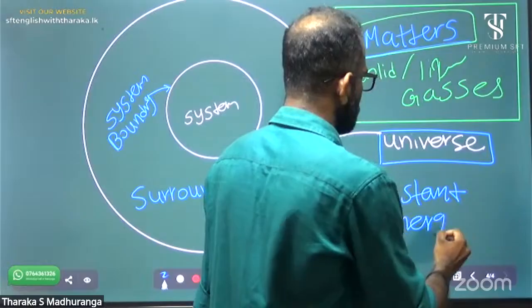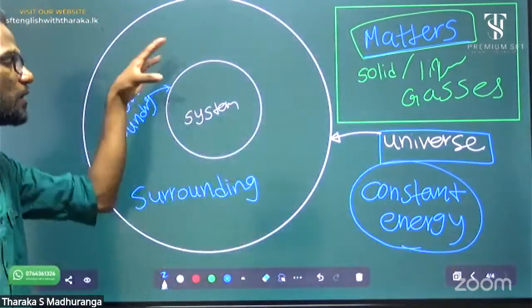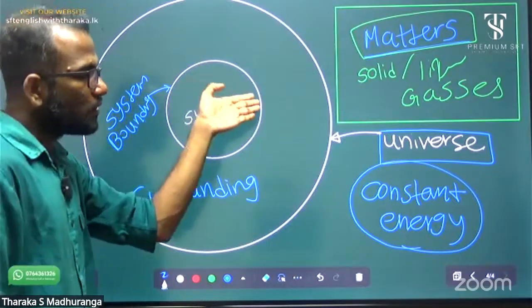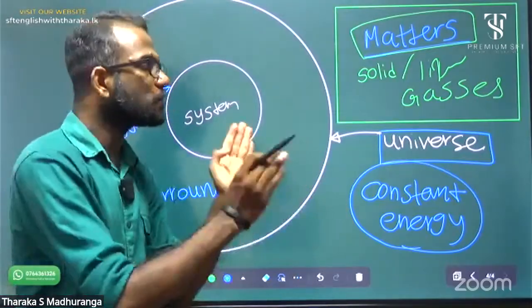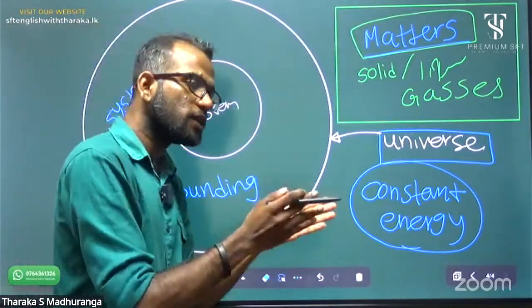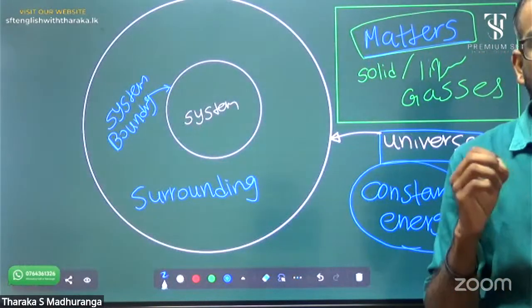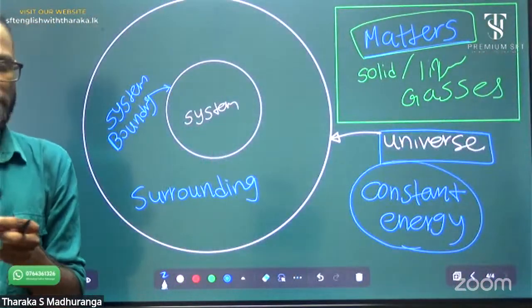In one universe, the amount of energy is constant. That's why energy cannot be created or destroyed. The only possibility is to convert one energy type to another type, according to the law of energy conservation, right?